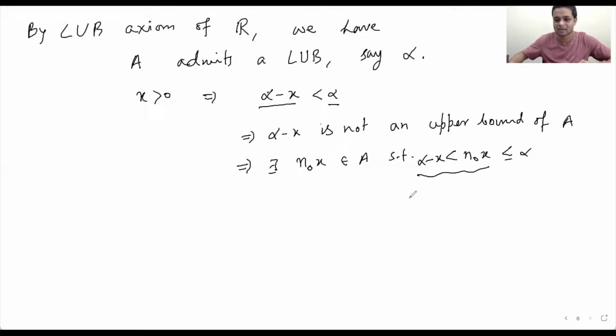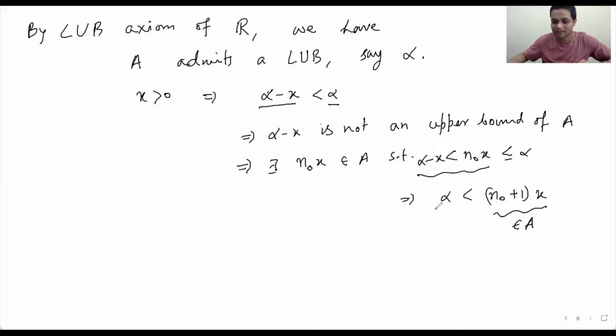This part implies alpha is less than (n naught plus 1) times x, but this number belongs to A, and alpha is the least upper bound anyway.